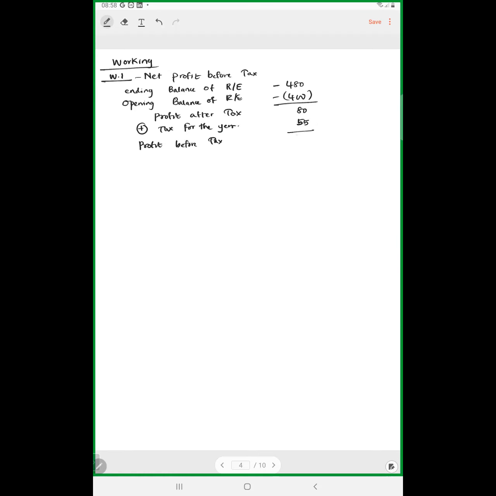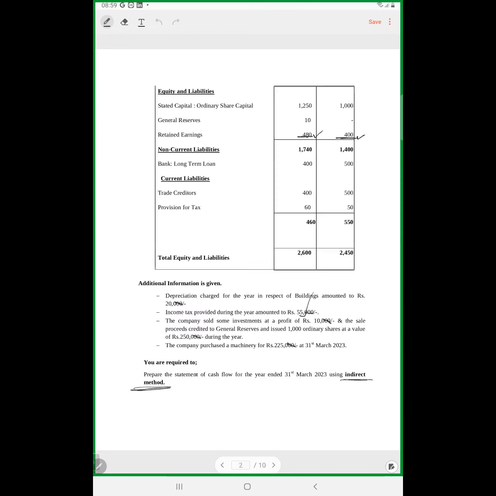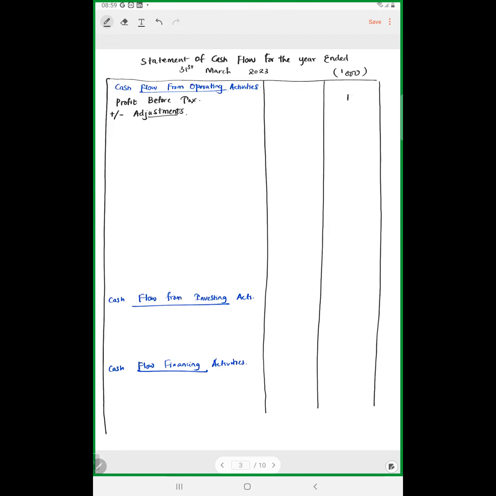How much? 135. Right? Is that clear? So then profit before tax, how much? 135.